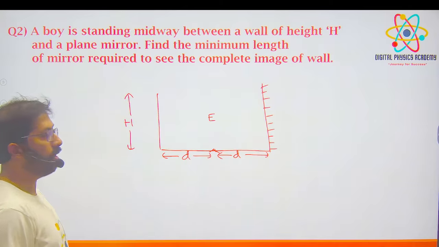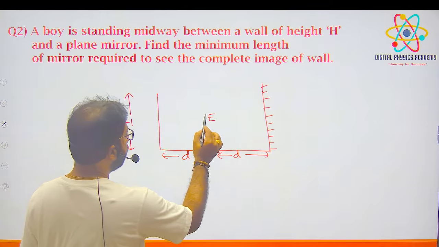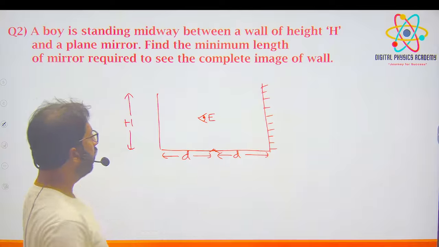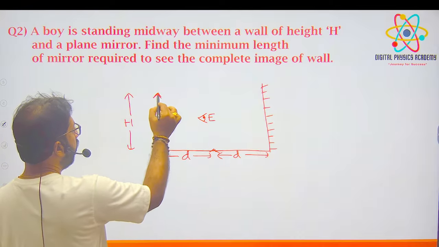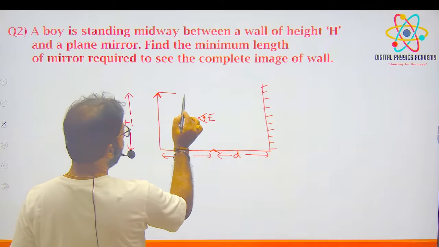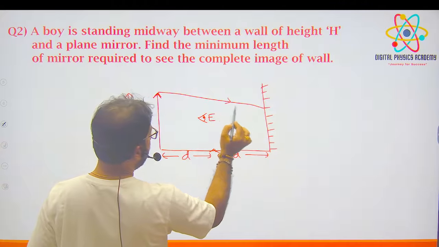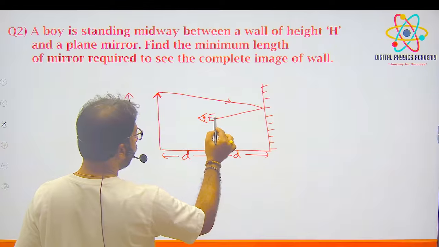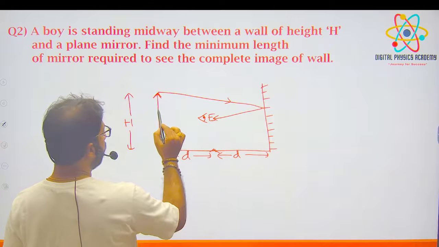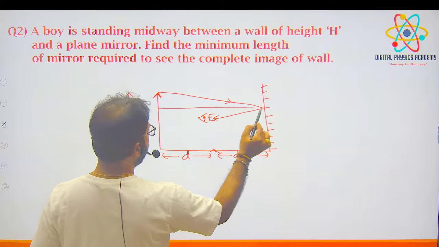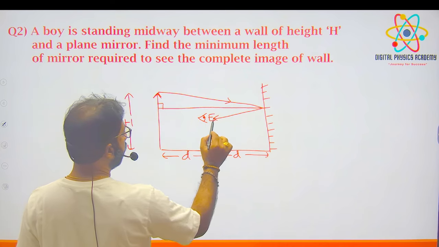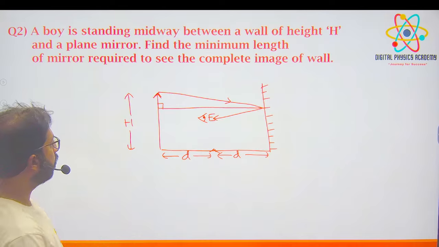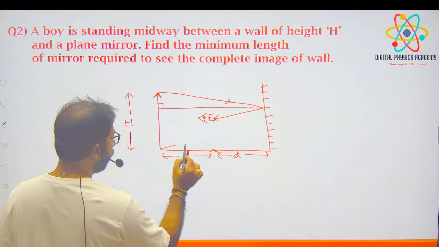Now tell me, when can he see? When the top of the wall falls on his eye. So the ray is coming like this and it is reaching our eye. Okay, so I'm drawing the normal. This is normal, perpendicular to the surface. And then the bottom of the wall should reach the eye.